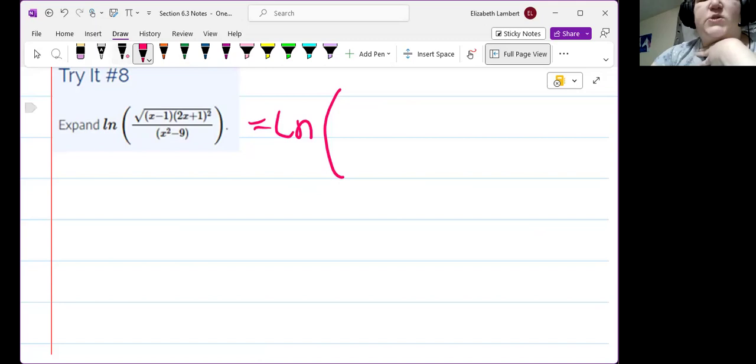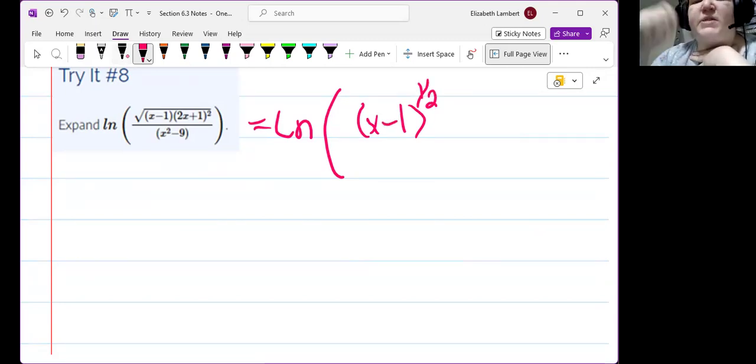So the x minus 1 is under the square root. And the 2x plus 1 squared is under the square root. I can split a square root across multiplication. So I can break the square root to the x minus 1 and the square root to the 2x plus 1 squared.